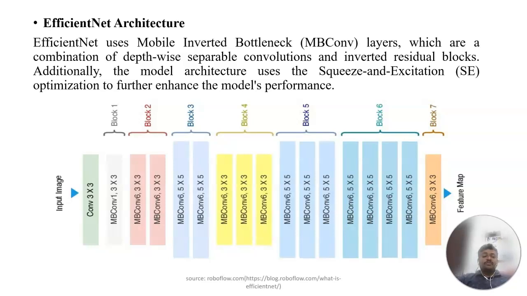The MB convolution layer starts with depth-wise convolutions, and we already discussed what is meant by depth-wise convolutions and point-wise convolutions. It is followed by the point-wise convolutions. In addition, it incorporates squeeze and excitation layers in order to optimize the performance of the model.